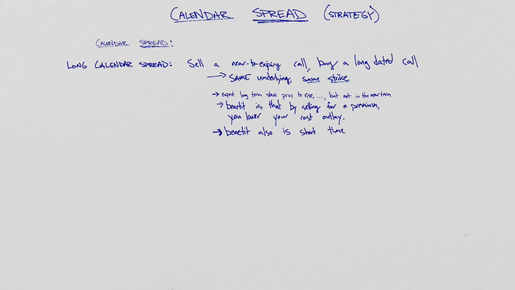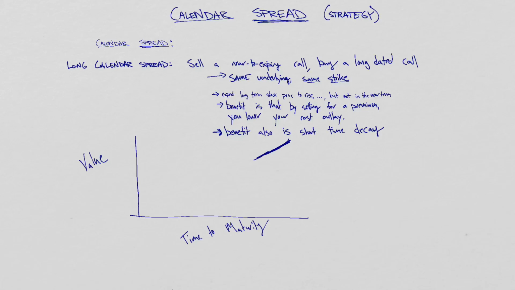But another benefit to the long calendar spread is that you're short time decay. And what that means is that the value of a call option or a put option, as a function of time to maturity, if it's a really long dated option, there's a lot of value. The option is more expensive the farther it is out into maturity, because a lot can happen between now and then.